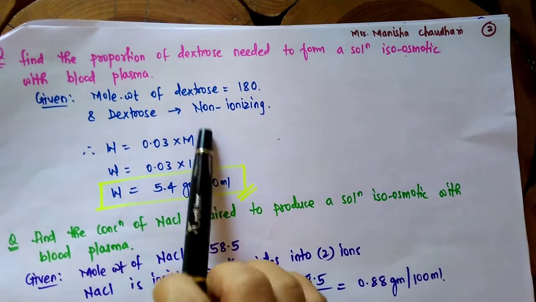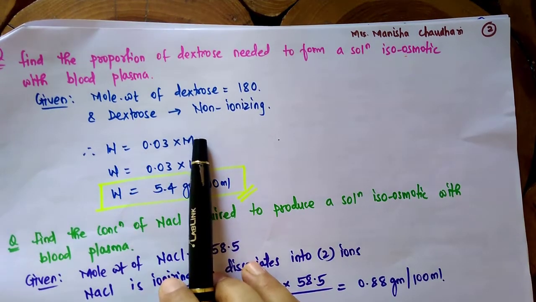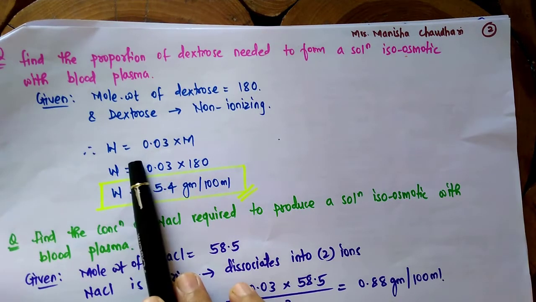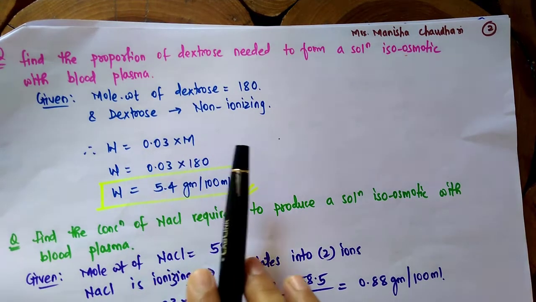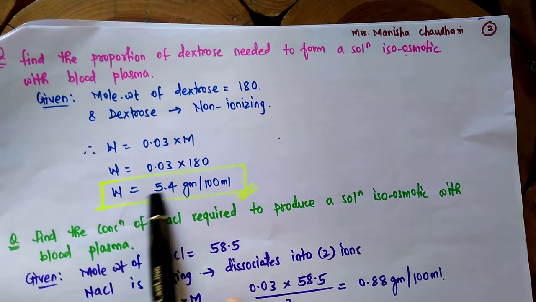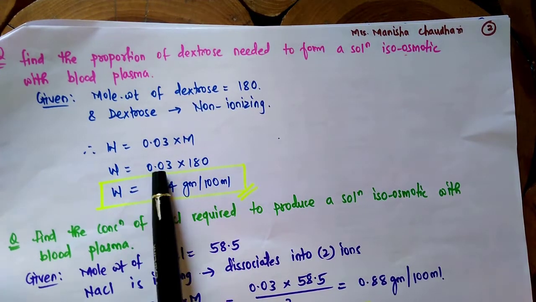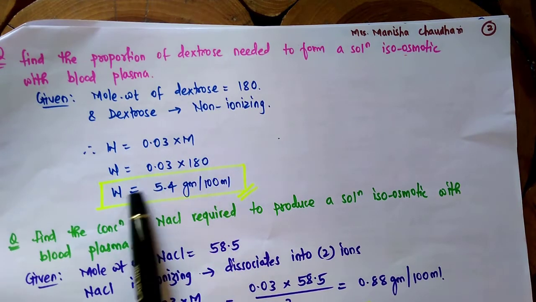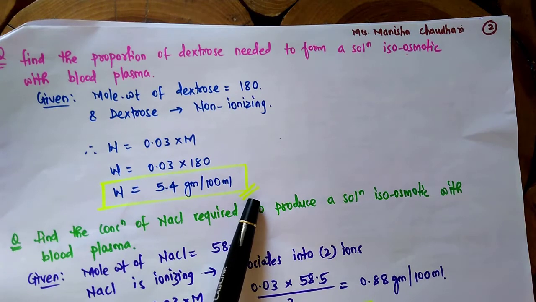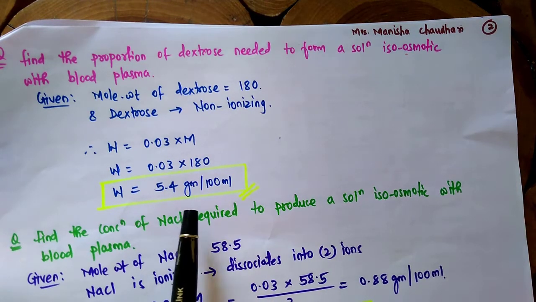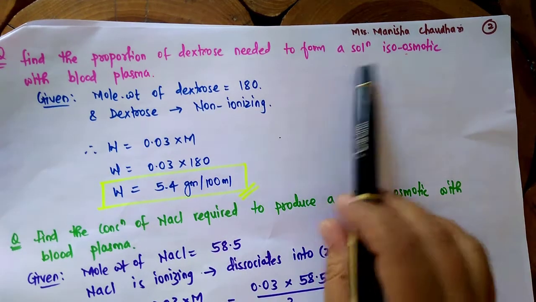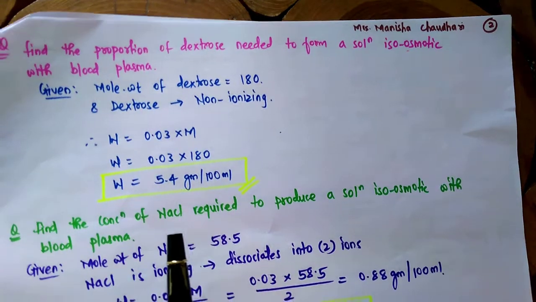Since it is non-ionizing, the formula used is W = 0.03 × M. So W, which we are supposed to calculate, is 0.03, a constant figure, times the molecular weight 180. The answer is 5.4 grams per 100 ml. So 5.4 grams per 100 ml of dextrose is needed to form a solution isoosmotic with the blood plasma.